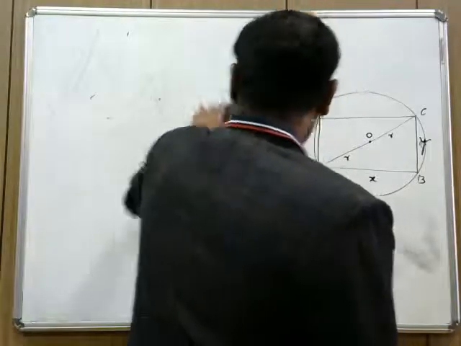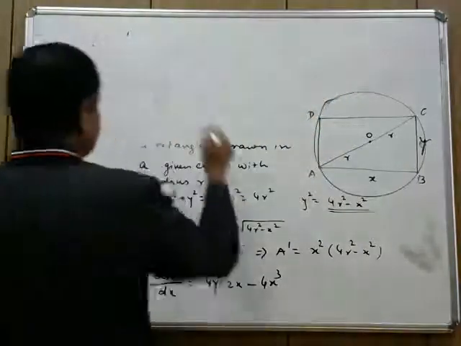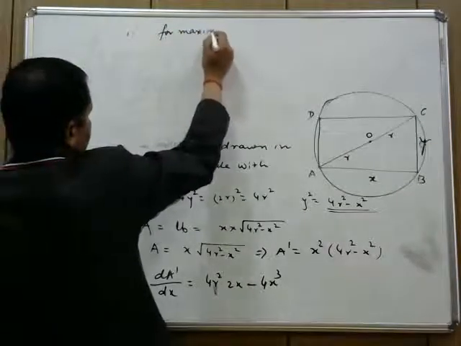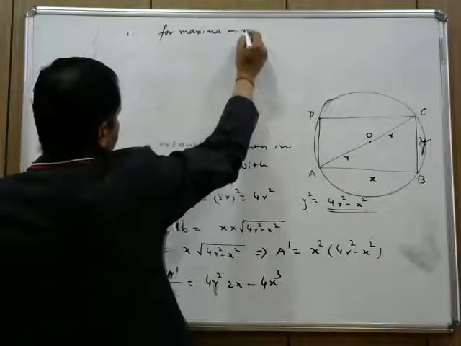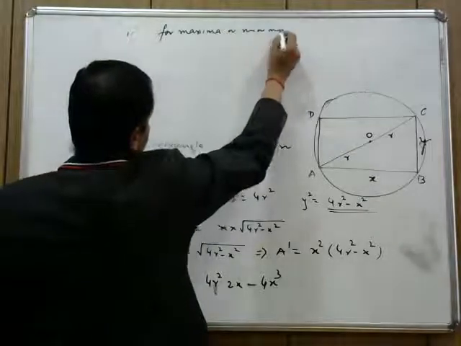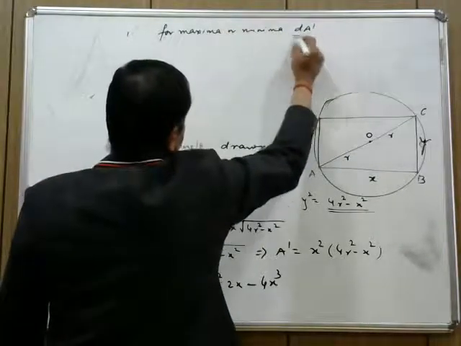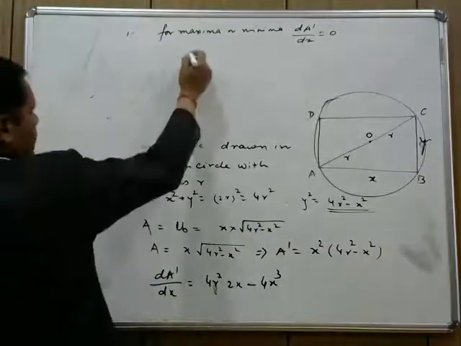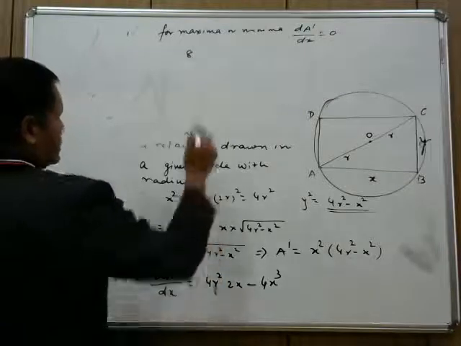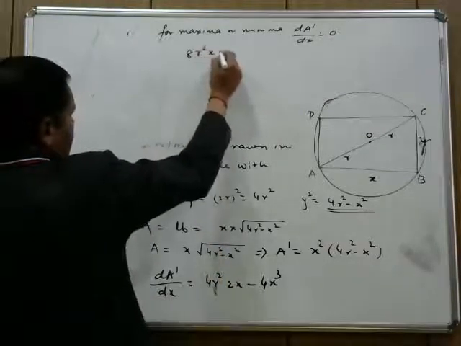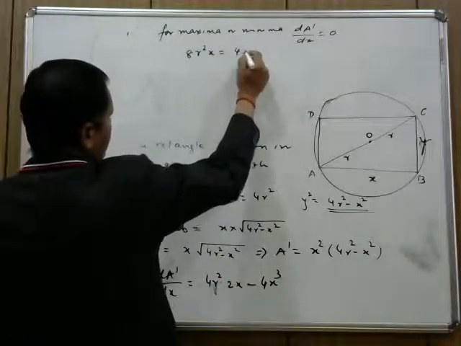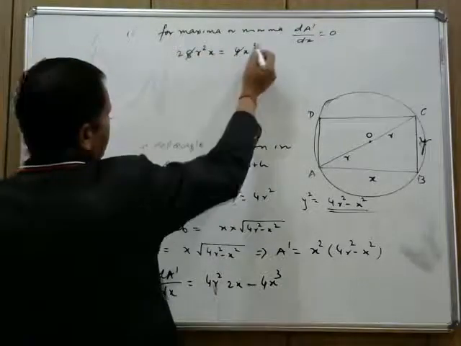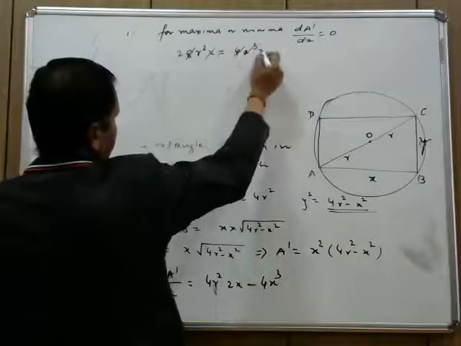For maxima or minima, dA dash by dx is equal to 0, and it implies that 8r square x is equal to 4x cube, that is 4 twos are 8, and x cube will have x square.